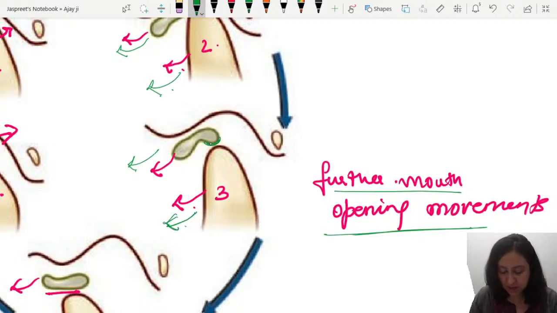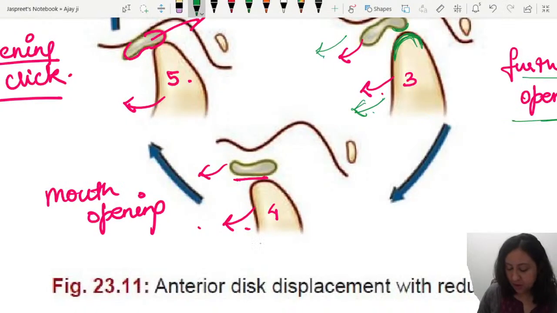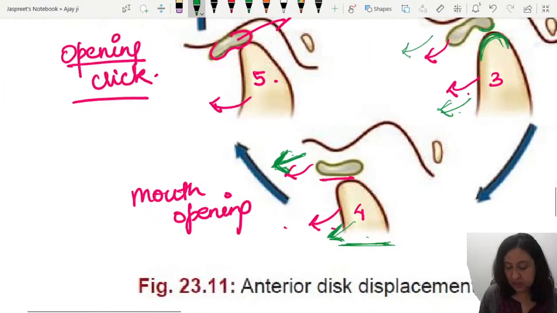This is the posterior aspect and here is the condyle. They are not in synchronization. Now here you can say further mouth opening movements are taking place and the disc is further dislocated. Disc further forward movements have taken place and the condyle also has further moved forward in the glenoid fossa. Still there are mouth opening movements.